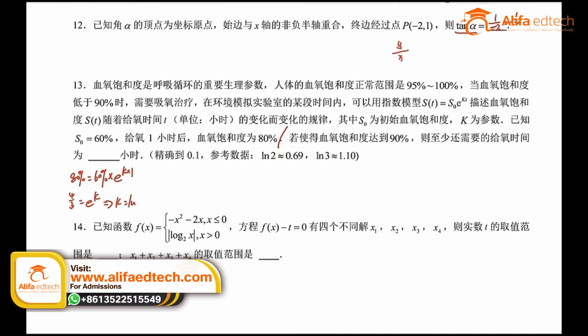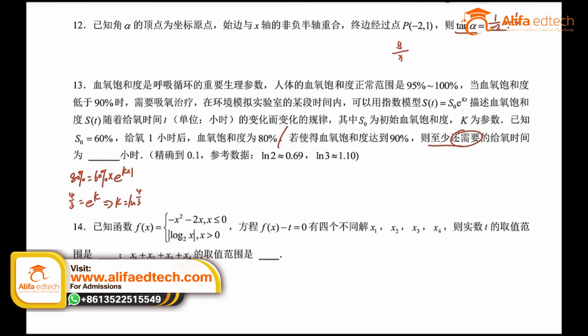For a precise calculation, we won't rush to calculate the value of k. You must pay attention. Then next, to get the blood oxygen saturation to reach 90%, the question is, what is the minimum additional oxygen time needed? You must pay attention to the word additional. This means it has already reached 80%, and I want to reach 90%.